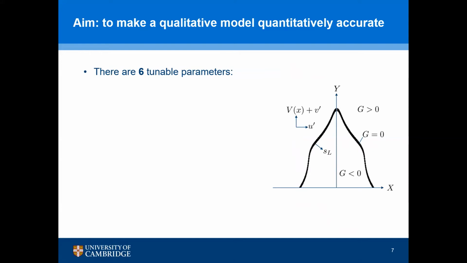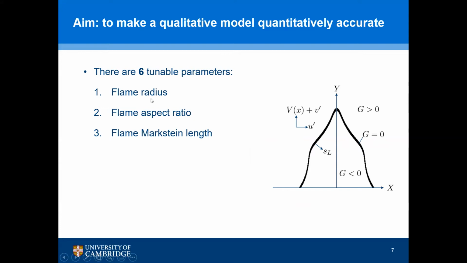This model has 6 tunable parameters. The first 3 are the flame radius, the flame aspect ratio, and the flame Markstein length. The Markstein length governs how curvature perturbs the flame edge.